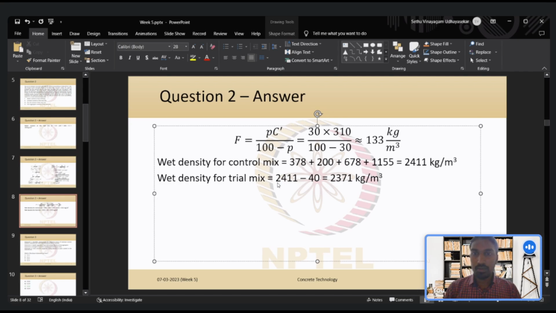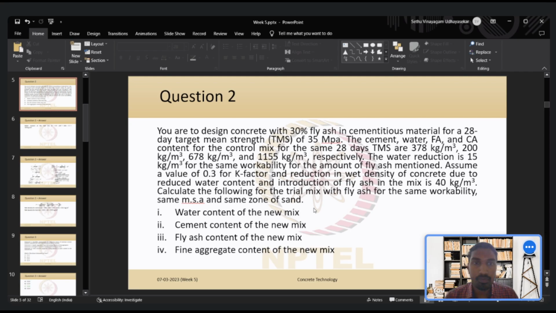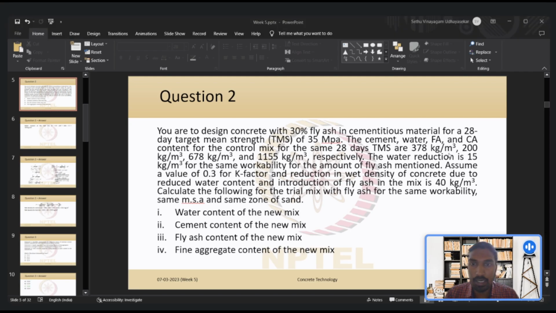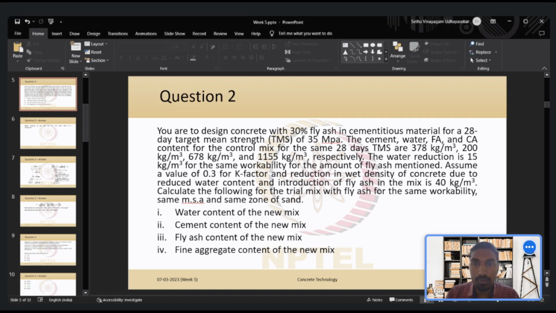Now we need to find the fine aggregate content. For that we need to know what proportion was there in the control mix. Earlier we know that there is 678 kilogram per meter cube of fine aggregate, and the coarse aggregate is 1155. So we can find the proportion of fine aggregate in the control mix.